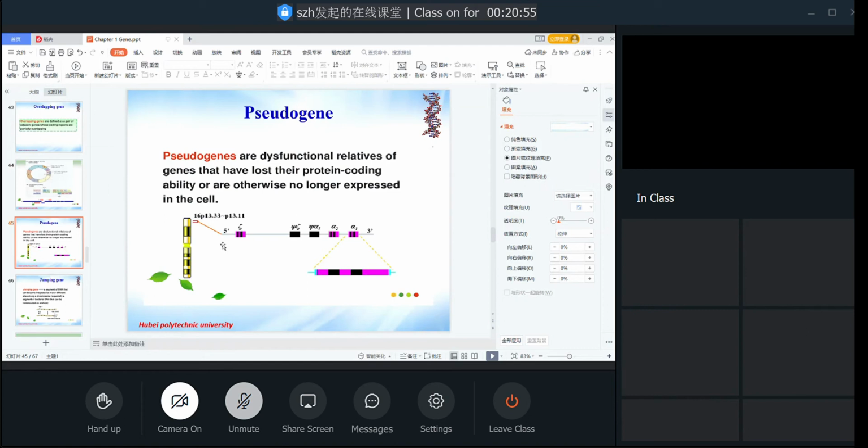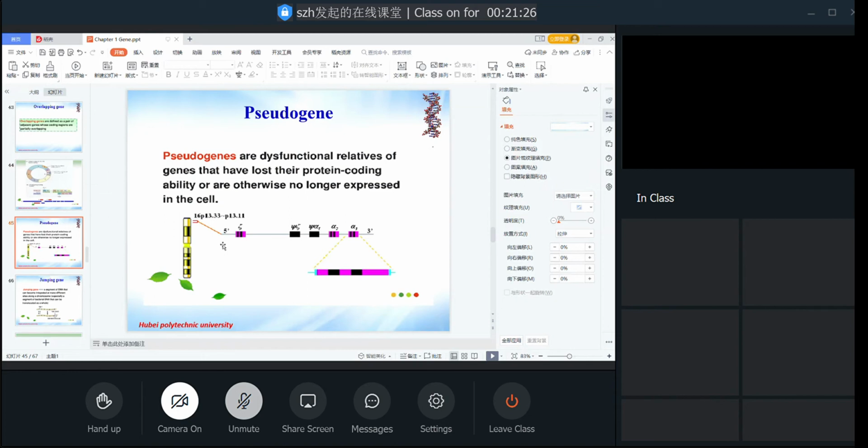Because during growth, at different stages, different globin proteins are produced. At the beginning, for example, two peptide chains are transcribed and produced, and for the adult, you can see alpha and beta.